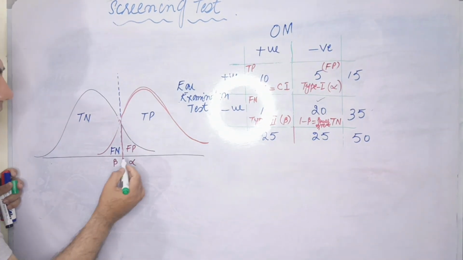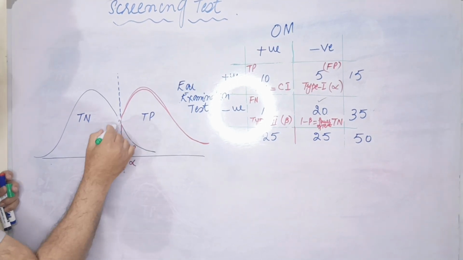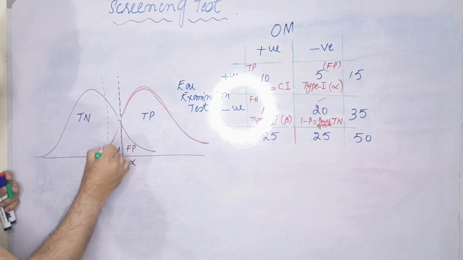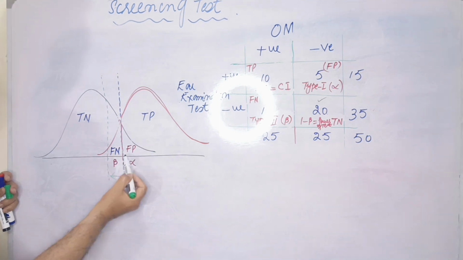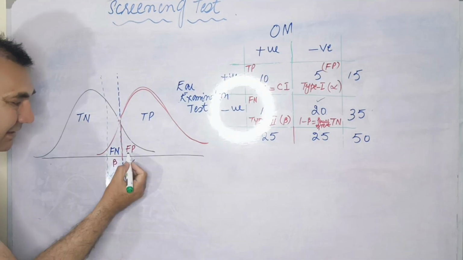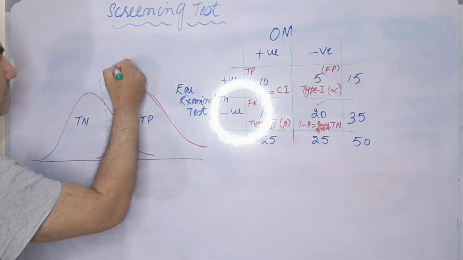Suppose this is a cutoff value, and if I decrease the cutoff value from here to here, it means I decrease the cutoff value. When I decrease the cutoff value of any test, this is the normal, okay.